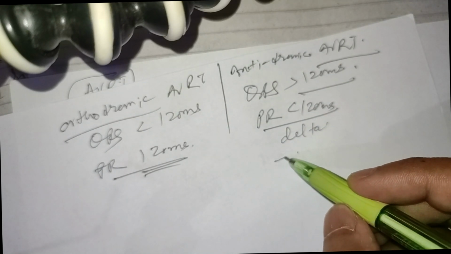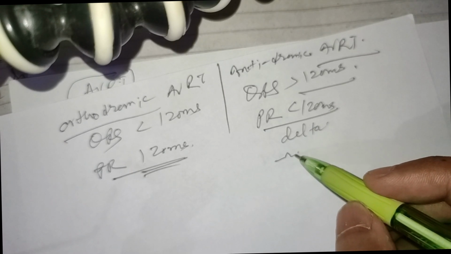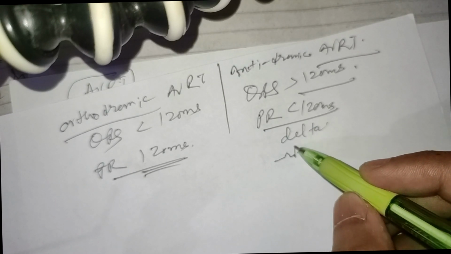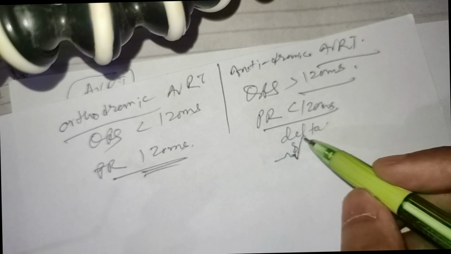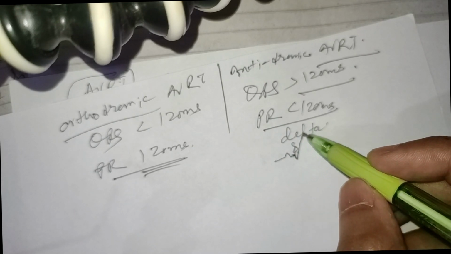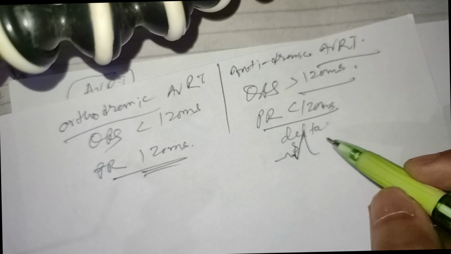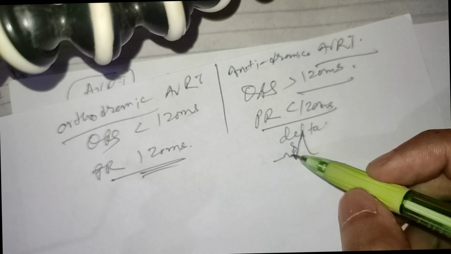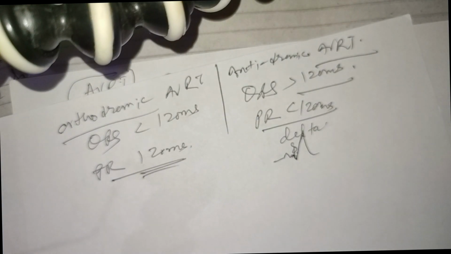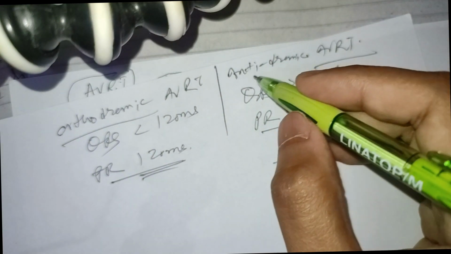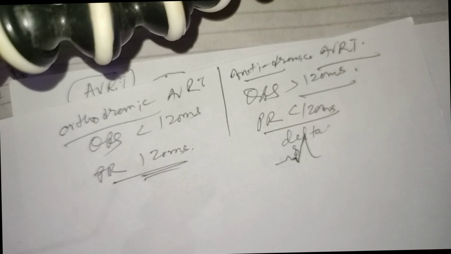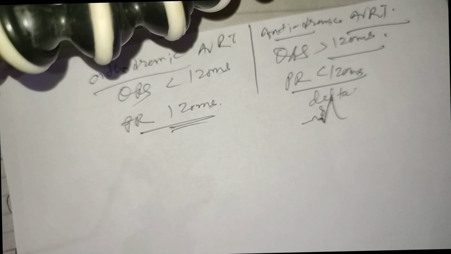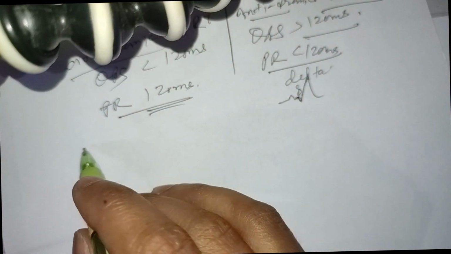Delta wave means, like, this is P and this is Q, and here this is called delta wave, right? It is slurring. So if you see delta wave, then it suggests antidromic AV reciprocating tachycardia, right?